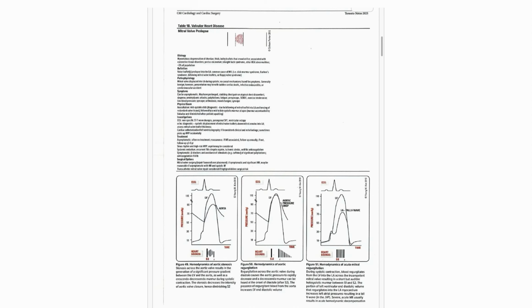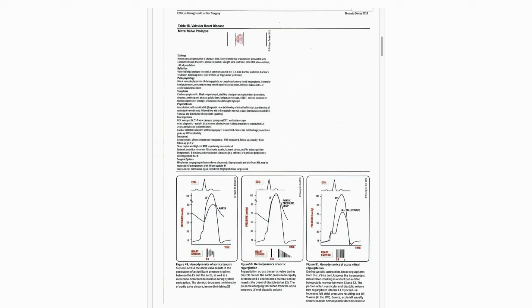The tracing demonstrates rapid fall in aortic diastolic pressure, wide pulse pressure, and progressive increase in left ventricular end-diastolic volume due to regurgitation. Clinically, this produces an early diastolic decrescendo murmur immediately after S2 and volume overload of the left ventricle, leading to eccentric hypertrophy.